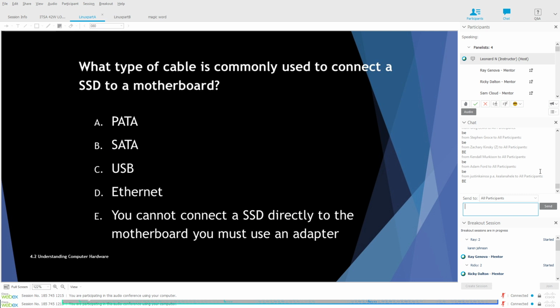What type of cable is commonly used to connect an SSD to a motherboard? Be sure you don't need an adapter or an Ethernet cable. No, Justin, the question is typed wrong.